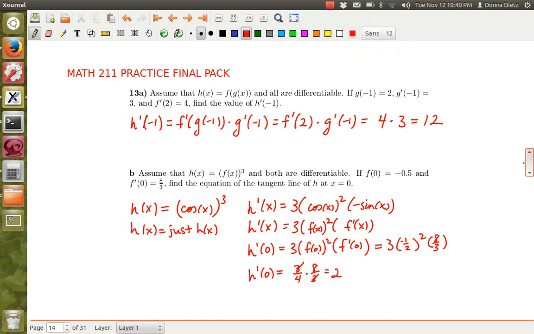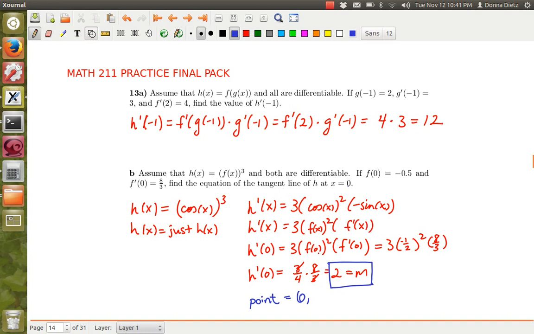Okay, so how do we find a tangent line? We need a slope. So this is the slope of our tangent line. Okay, and then we want to find a point. So we need a point on the line. Well, at x equals 0, what is the y value?